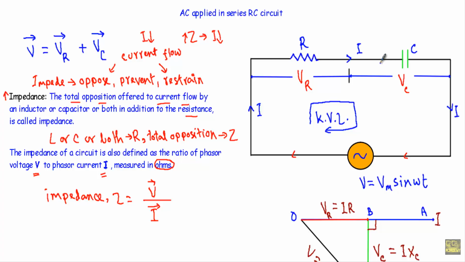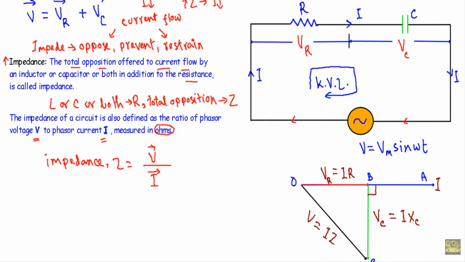We will calculate the impedance of this RC series circuit from the voltage triangle which I have shown you in my previous video. We define the impedance of a circuit as the ratio of phasor voltage V and phasor current I, and this is the voltage triangle of the RC series circuit. In terms of real and imaginary axis, I will take the reference phasor in the real axis.